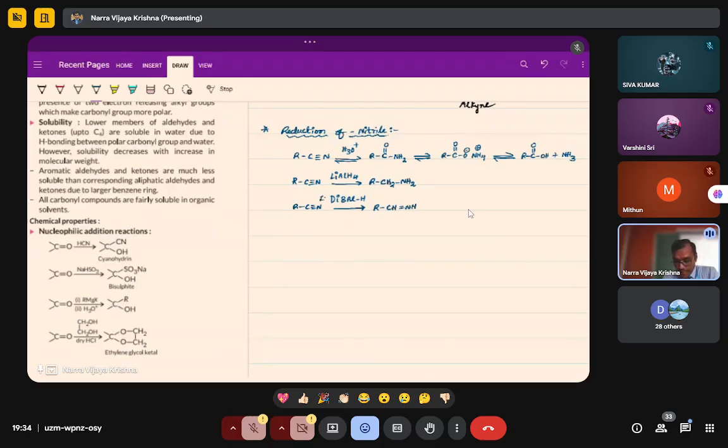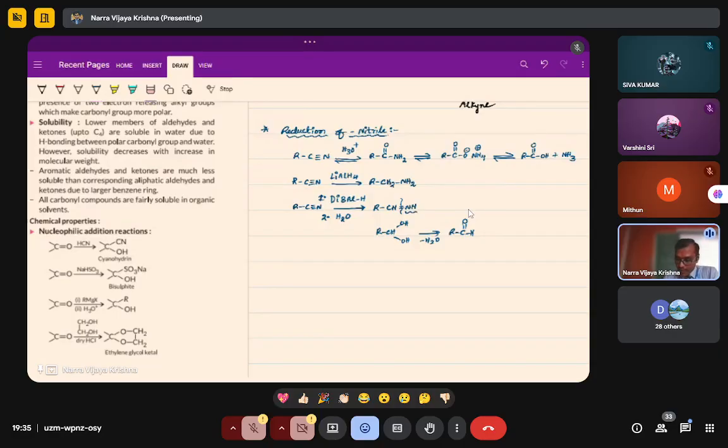After that, in the second step, I am doing hydrolysis. What should happen? This bond I have to break. I have to add OH two times. Then what will you get? RCH(OH)2. If you have two OH groups on the same carbon, H2O is lost. Then you get aldehyde, and the NH converts to ammonia.